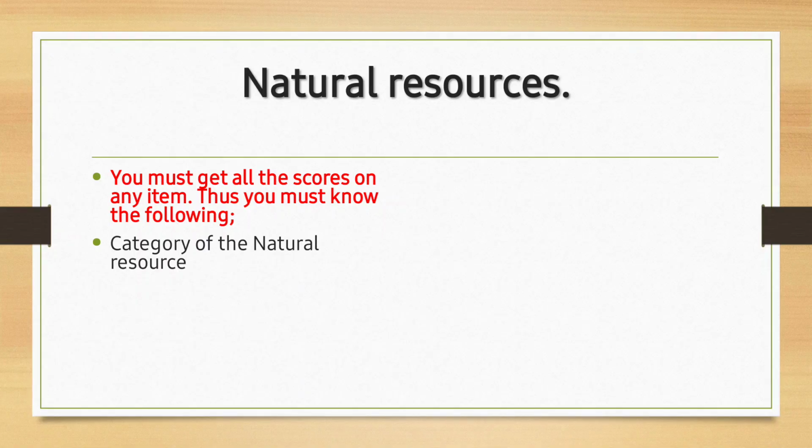We said there are only two categories of natural resources: the renewable natural resource and non-renewable resources. And then the reason for the chosen category. If you said it is a renewable natural resource, you would proceed and give us the reason why it's called a renewable natural resource.